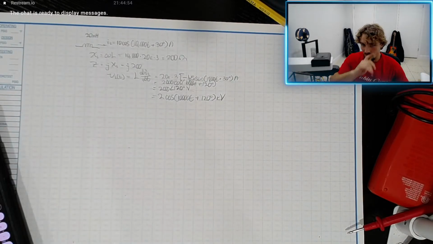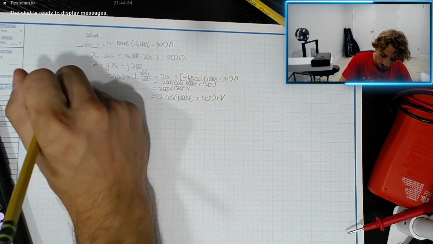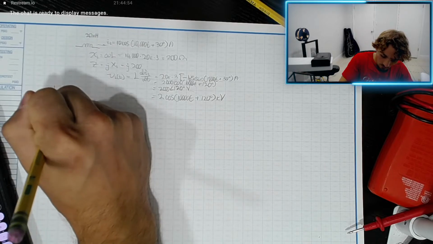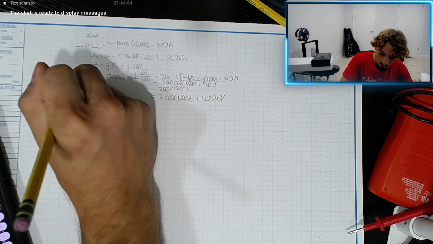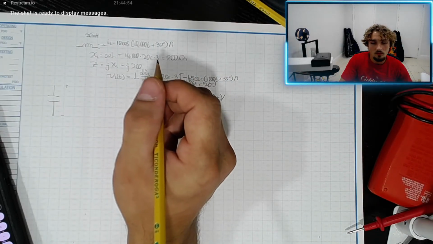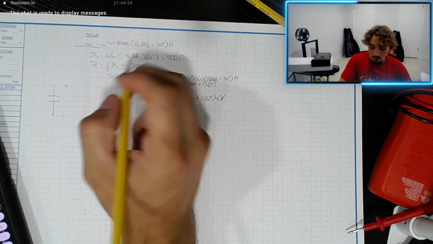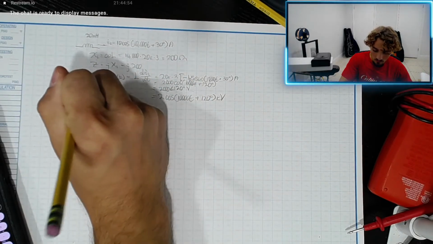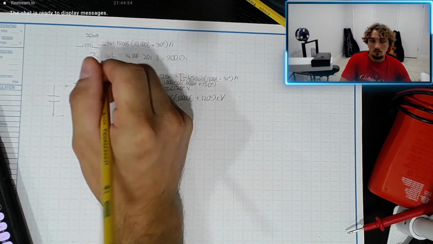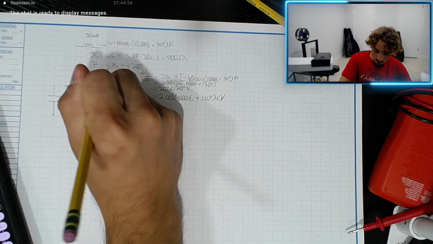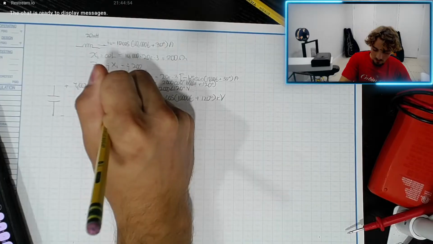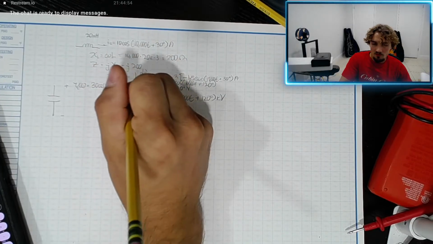A 5 microfarad capacitor is, okay, and we have it's 30 cosine(4,000t plus 25 degrees) volts.